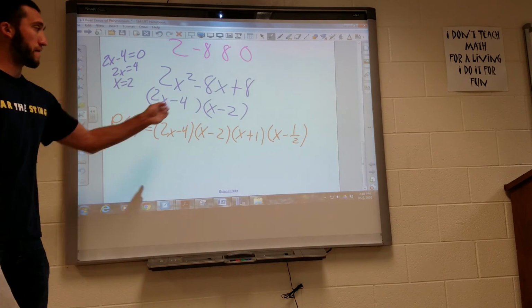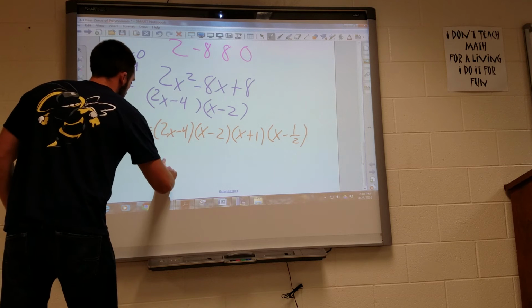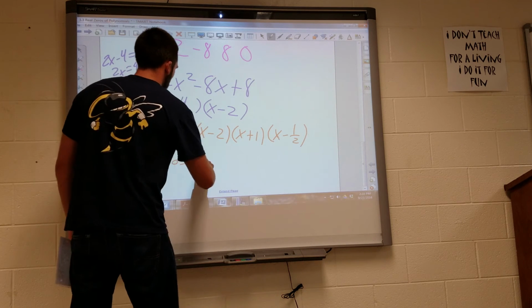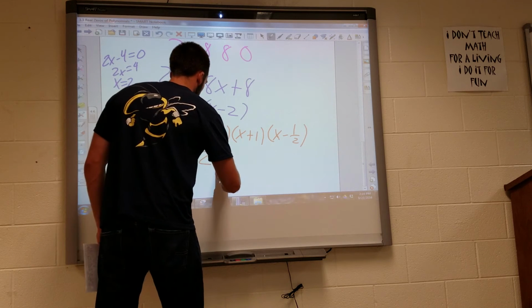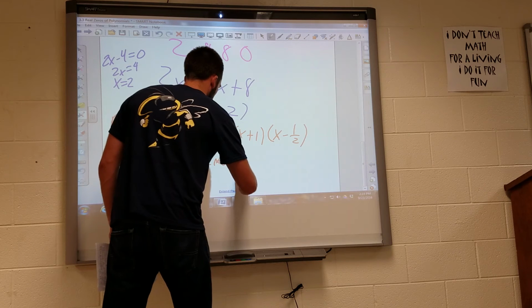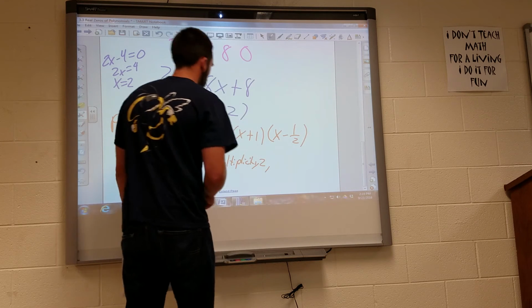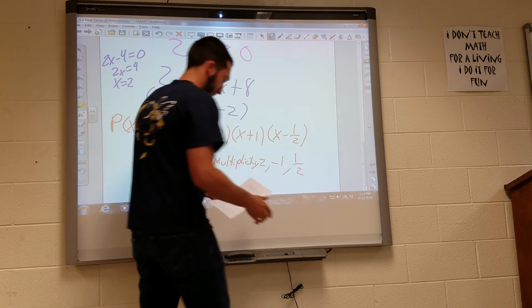Okay, so those are my factors of that polynomial. But again, the question asks for the zeros. So that gives us +2, multiplicity 2. -1, +1/2.